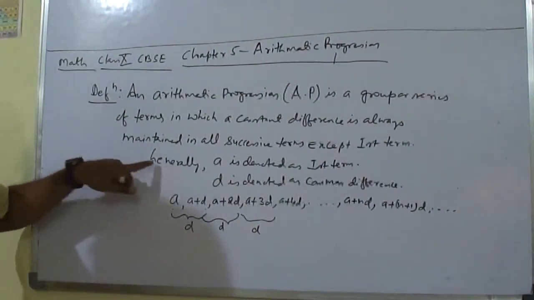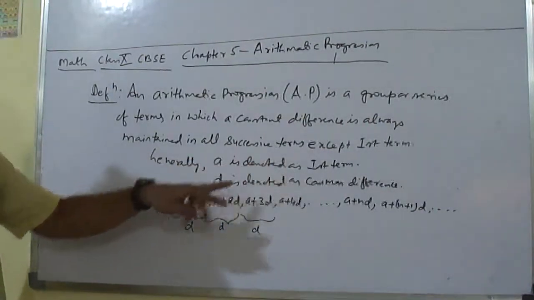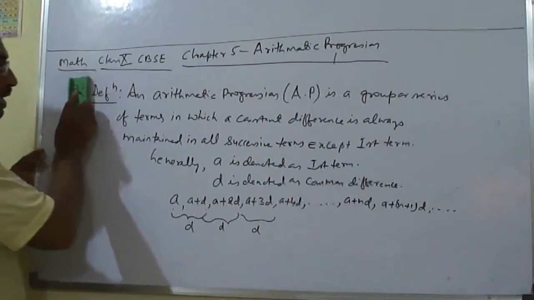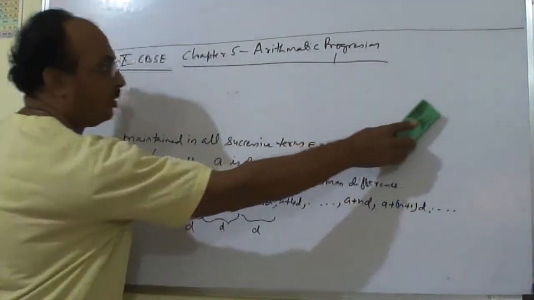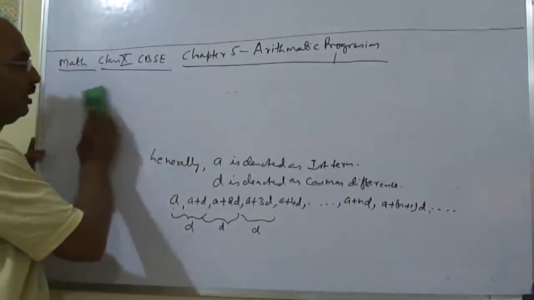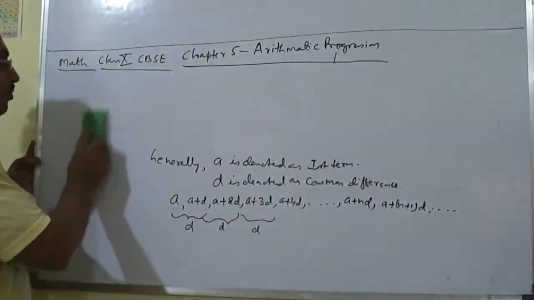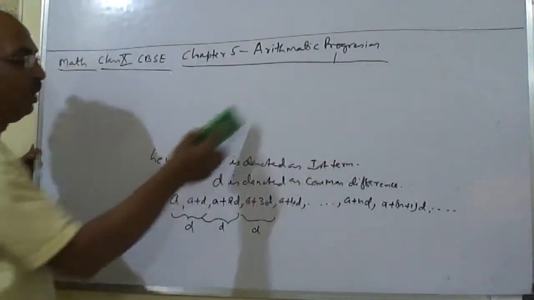Generally, A is denoted as the first term and D is denoted as the common difference. So you have written the definition. Based on this, we will be solving some questions.